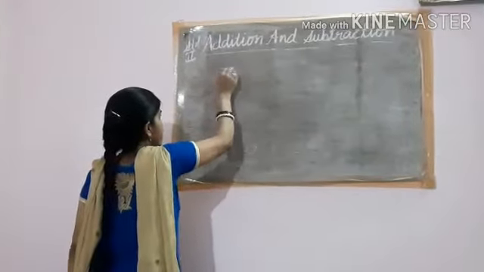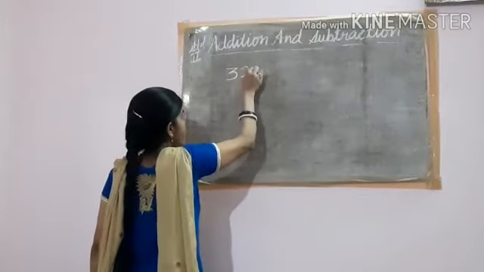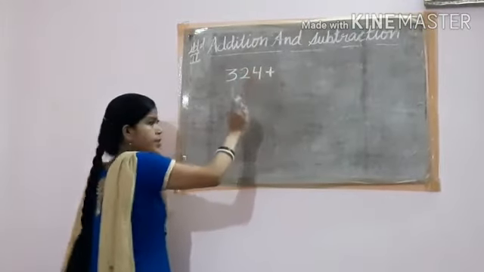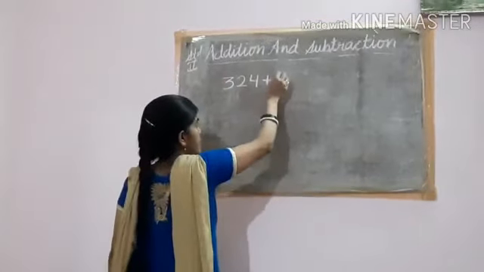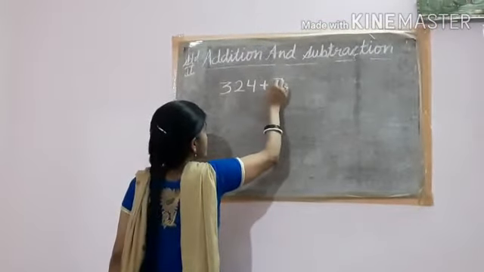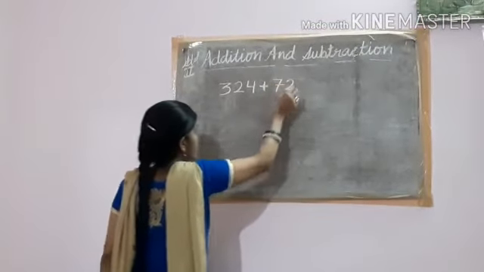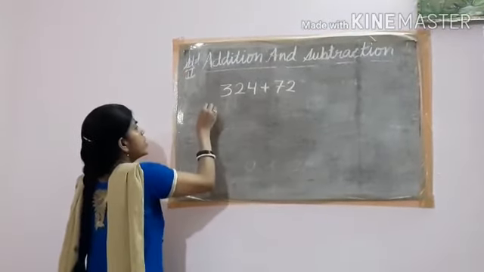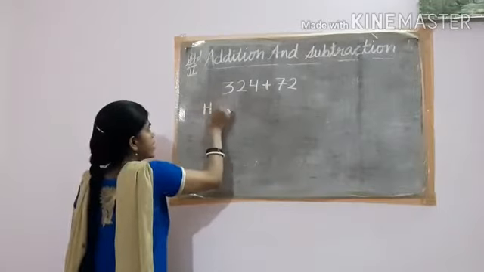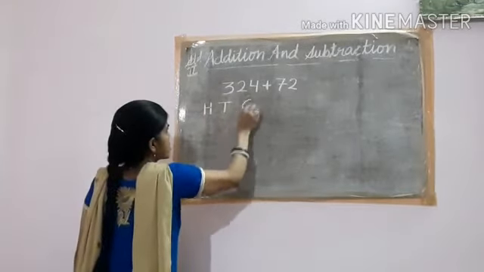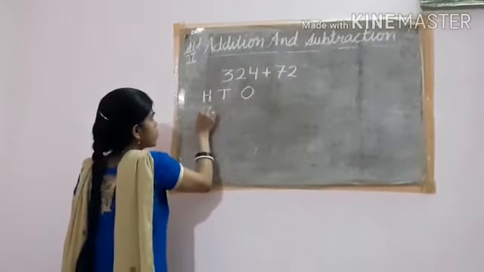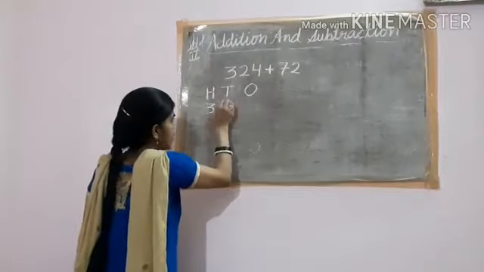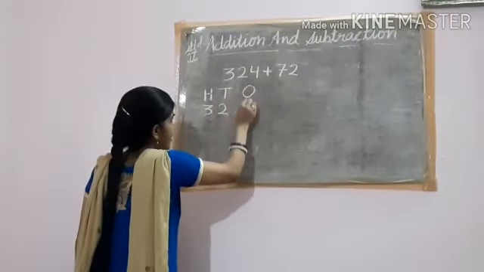Now I am showing you one more. One number is 324 plus another number of 2 digits, that is 72. In the same way you have to arrange and write the numbers at the proper place. 324: 3 you write at the hundreds place, 2 at the tens place and 4 at the ones place.